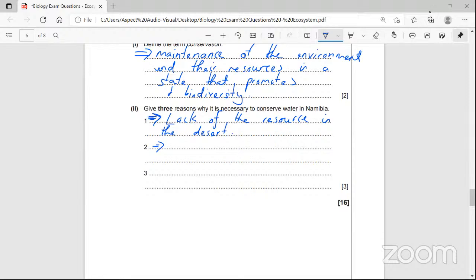What else? What other reason is there? Drought. I think that falls under this. Yeah, but then remember, talk about your ecosystem. Water is required to maintain a balanced ecosystem.